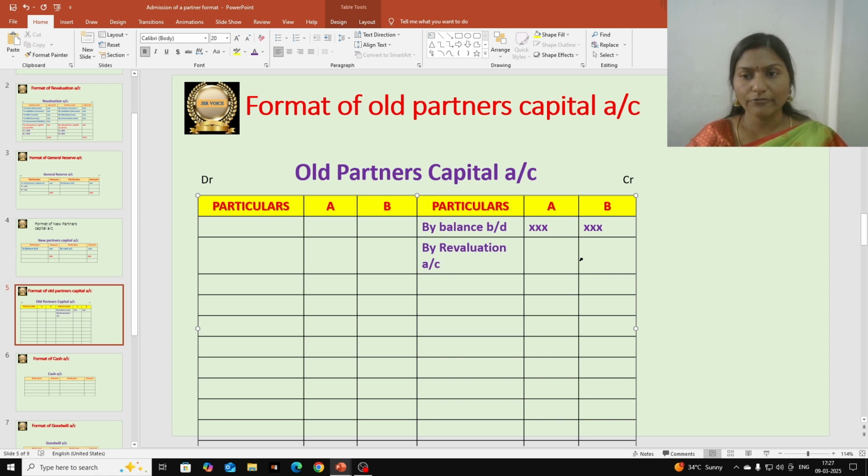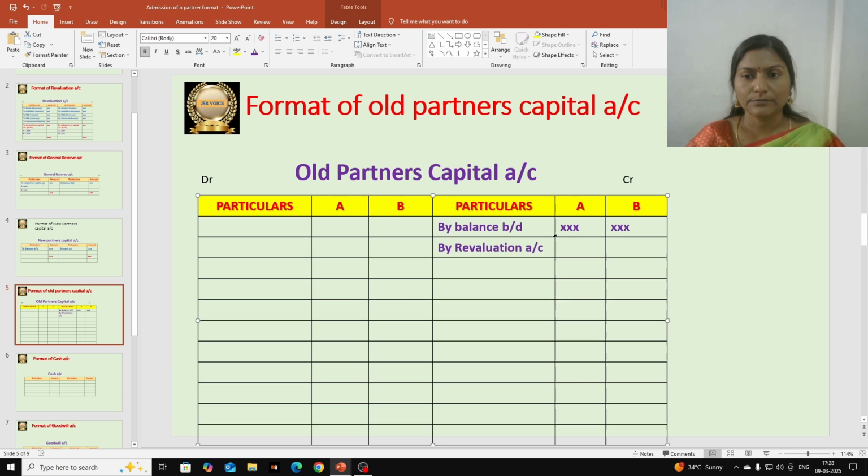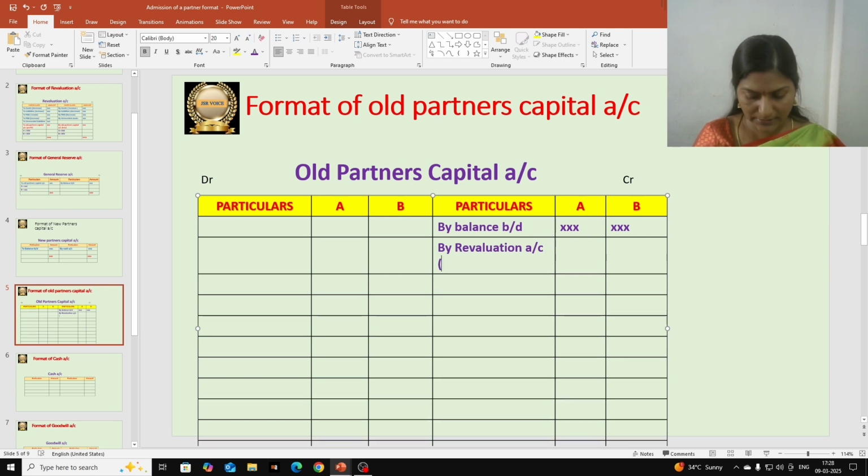Revaluation account profit. So we should record it here as a profit. Hope this is clear for everyone. You can mention in brackets that it is profit. And whatever amount we distributed there in the revaluation account for these two partners, we should write here.